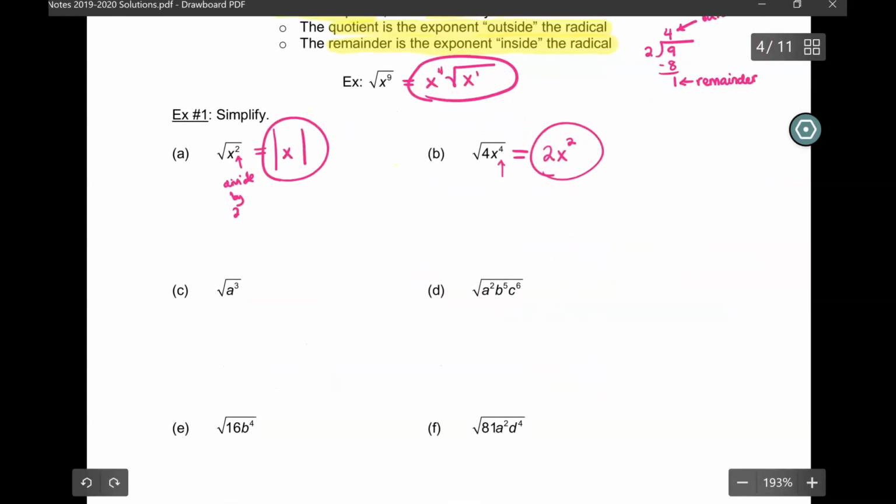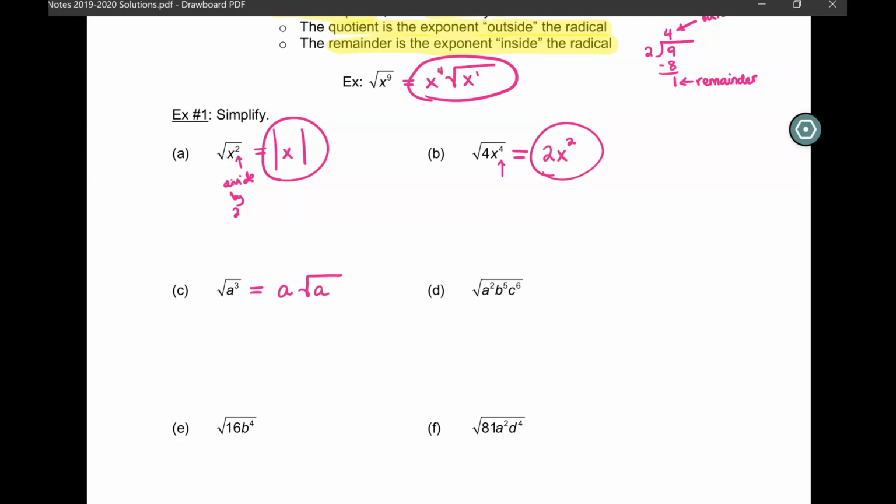Next one, square root of a to the 3rd. 2 goes into 3 one time, and I have a remainder of 1. So I have a times the square root of a. Now, I realize that this might be a little confusing for some of you.